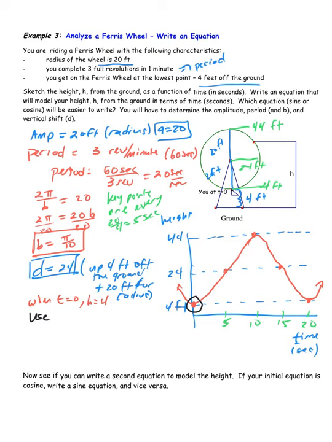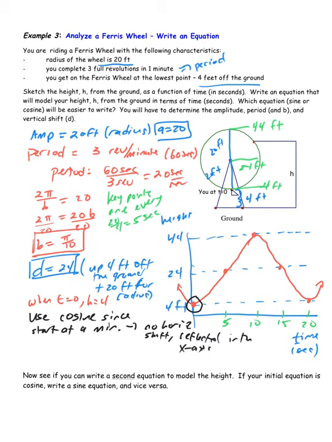So I'll write that down. So we're going to use cosine since we start at a minimum, which means there's no horizontal shift. But this is reflected in the x-axis.